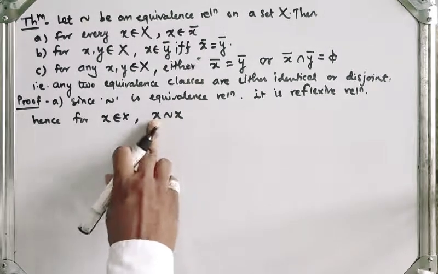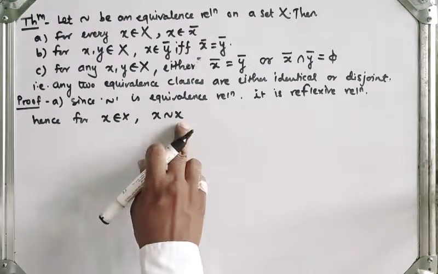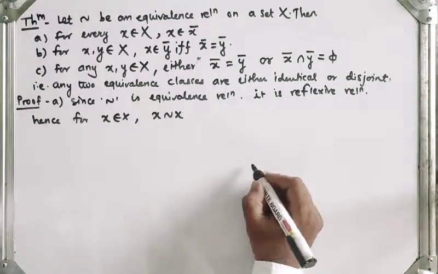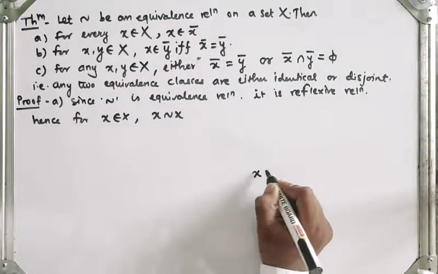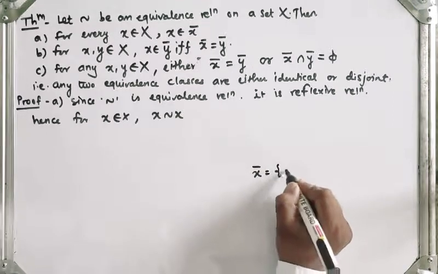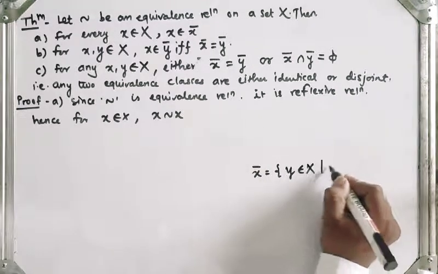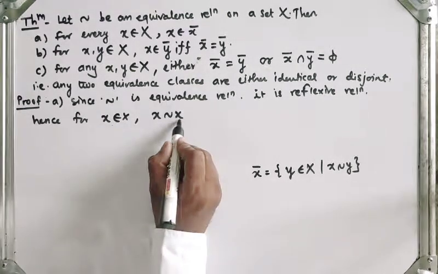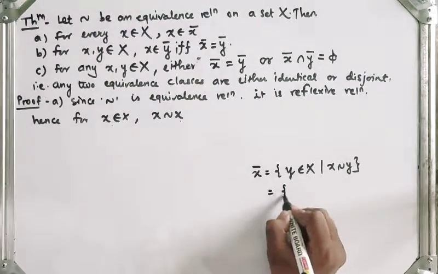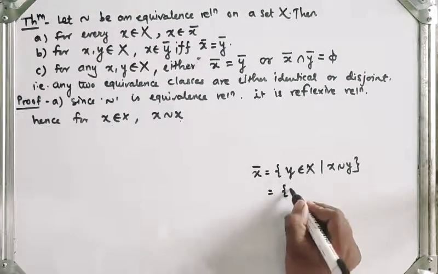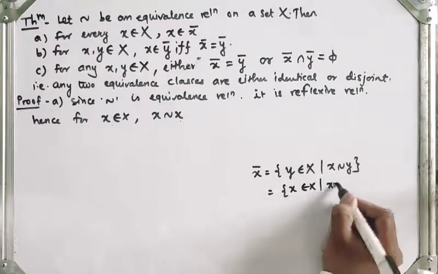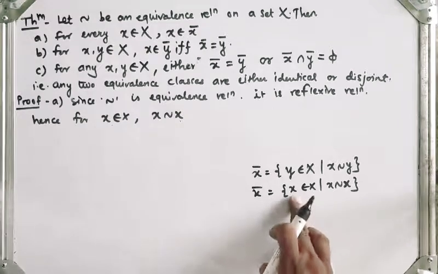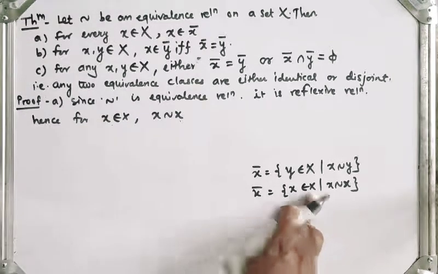Now x equivalent to x. What is the definition of equivalence class? The equivalence class of x, x bar, is equal to the set of all those y belongs to set X such that x is equivalent to y. But here I have a single element, so we replace y by x in this set. So x bar is equal to the set of all elements x such that x belongs to X and x is equivalent to x.